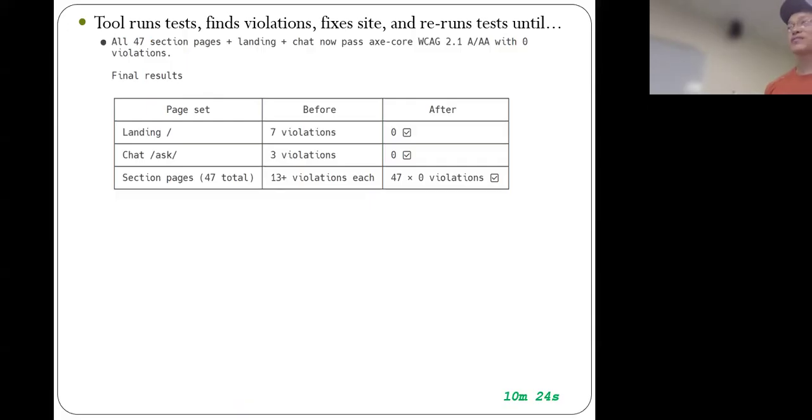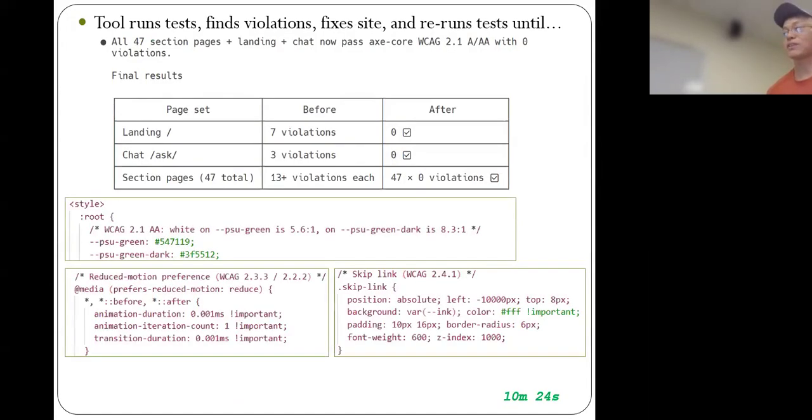And then this takes a while, but then finally it makes all the changes, runs the tool again, and it sees, it had basically all of these violations at the beginning. There's basically one violation per section, and then the chat interface had 3, the landing page had 7, and then it fixes all of them in basically 10 minutes. And then I go and look, well, what did you change?